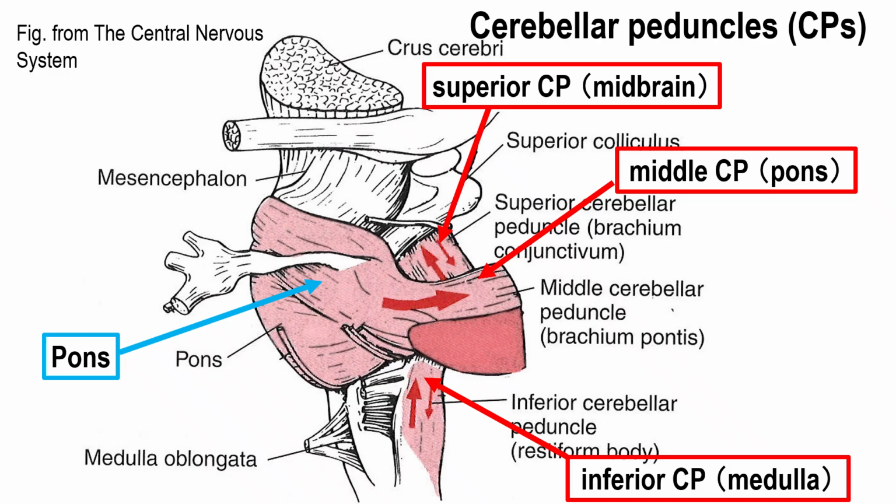The cerebellum is connected to the midbrain by the superior cerebellar peduncle, to the pons by the middle cerebellar peduncle, and to the medulla oblongata by the inferior cerebellar peduncle.